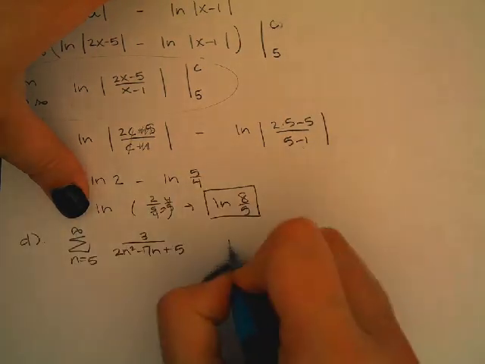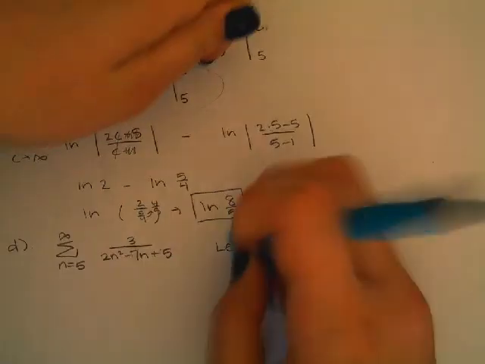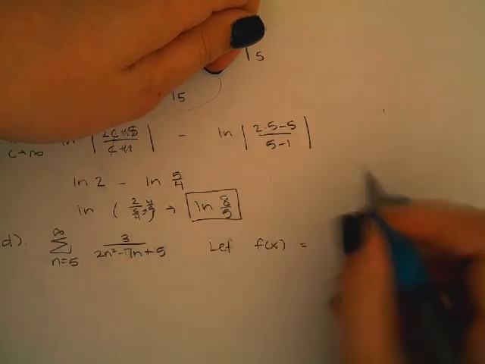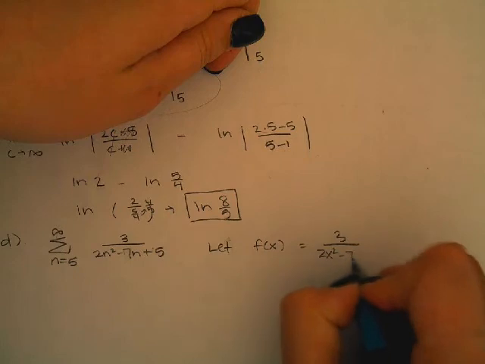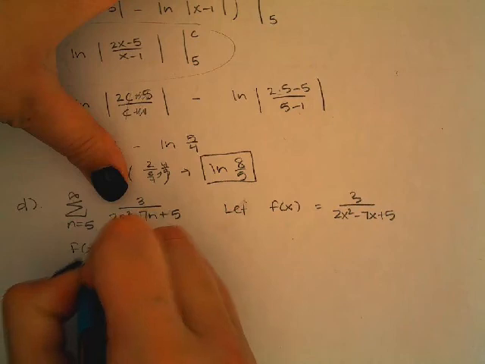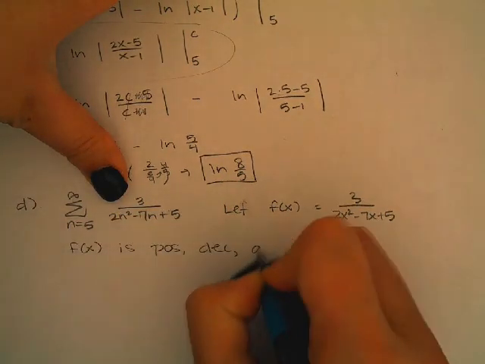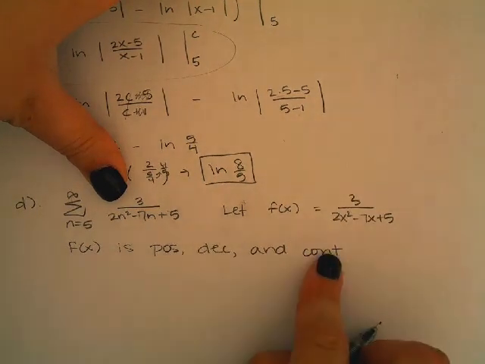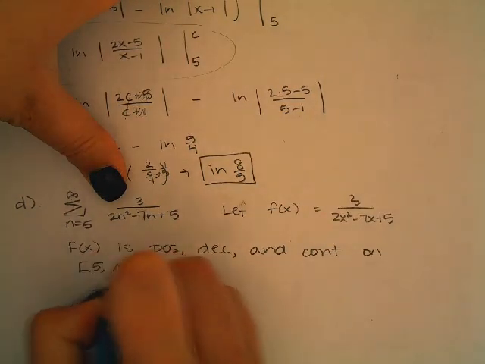So we'll say, let f of x equal 3 over 2x squared minus 7x plus 5. We're going to say f of x is positive, decreasing, and continuous. If you remember, those were the three things you had to have for the integral test to work on the interval from 5 to infinity.